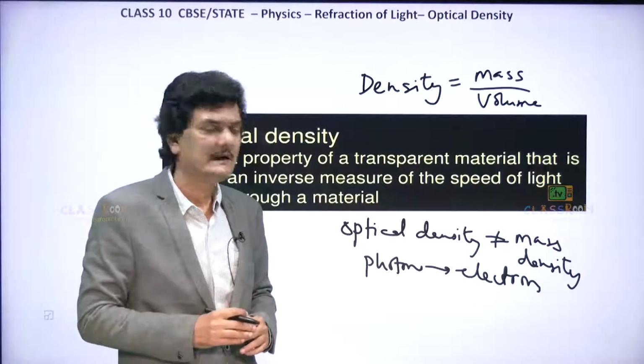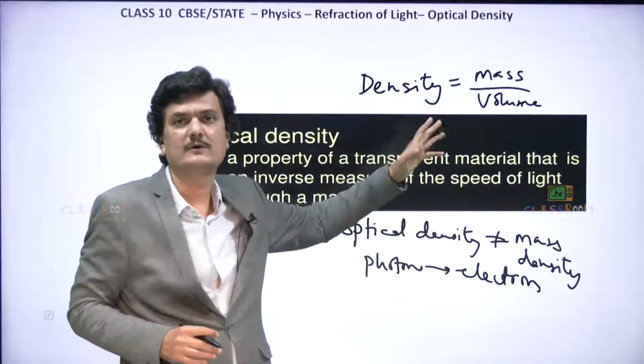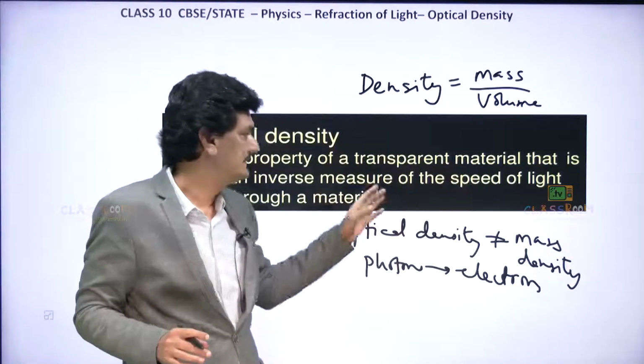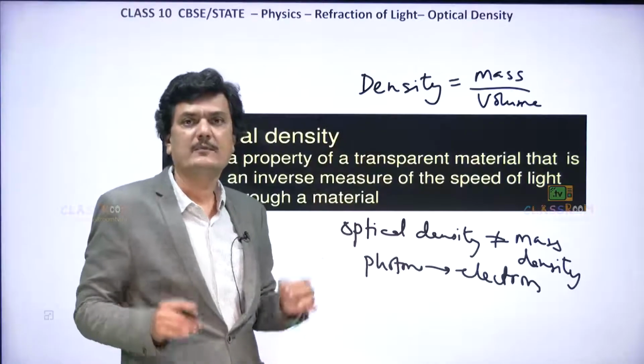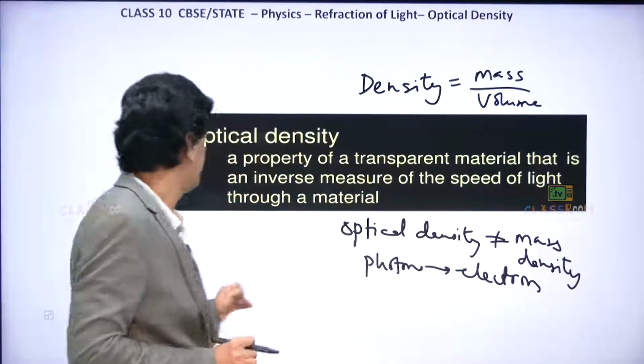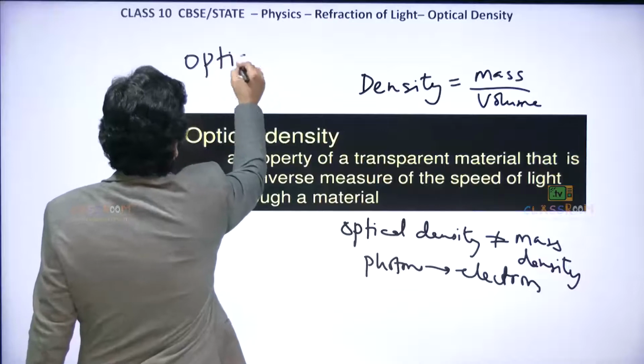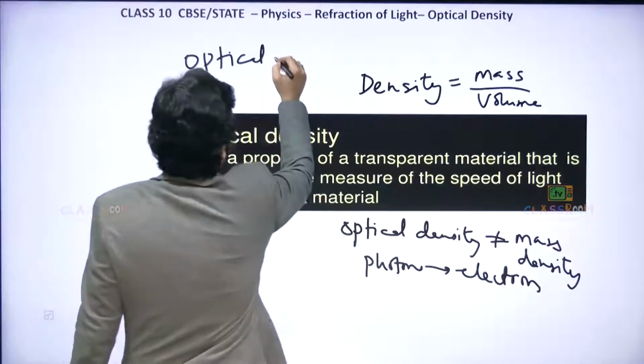We do not want to go and discuss that, but just remember, optical density is not the same as mass density, mass by volume. These two are different things. This is an optical property of the medium related with light. Optical density is an optical property, not a normal physical property.